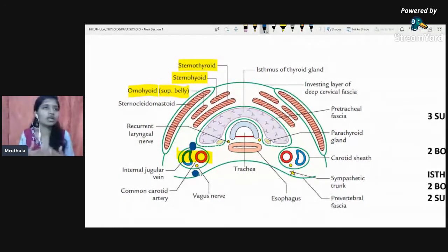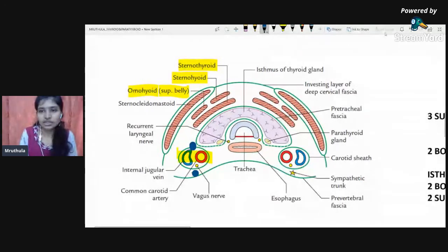That's the sympathetic trunk. It is not a content of the carotid sheath. It is present outside the carotid sheath on the posterior aspect. So just know it, because the carotid sheath can be a 2-mark or a 1-mark question for you. Okay, so we have seen the lateral relations and the posterior relations.